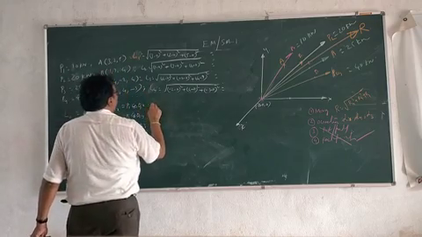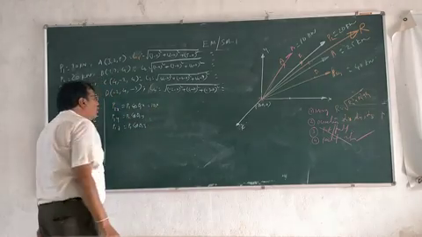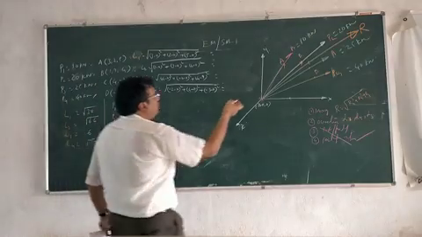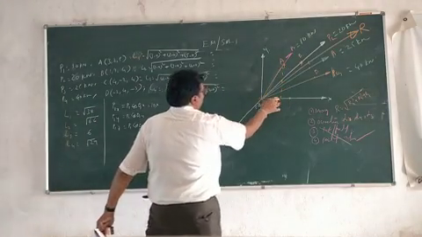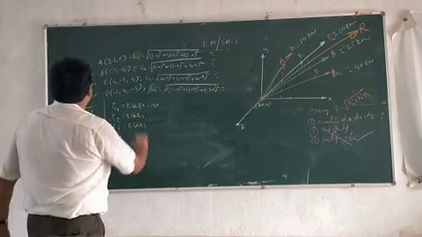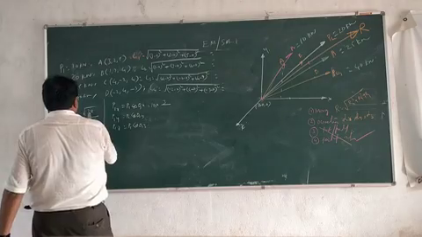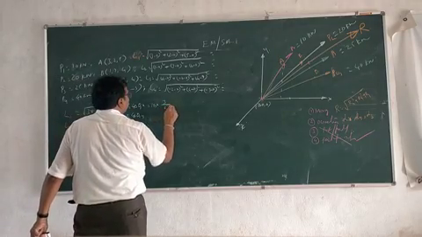P1 is 10, and 10 into cos theta 1 is the projected length over the hypotenuse, that is 3 by root 38.